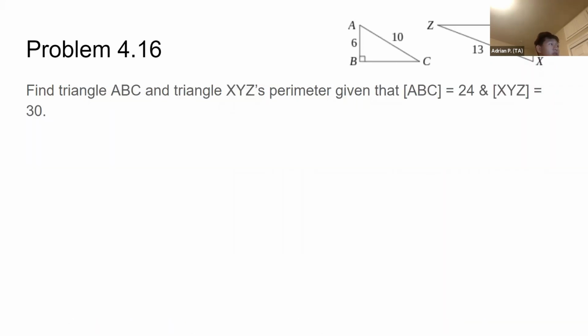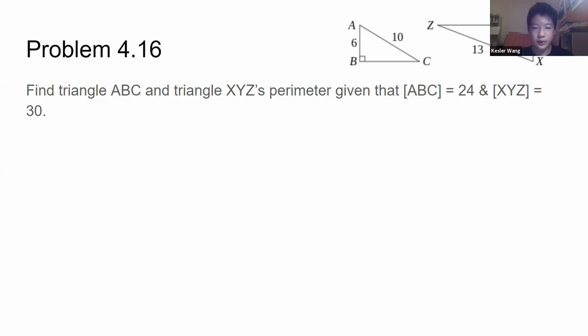All right. Find triangle ABC and triangle XYZ's perimeter, given that the area of triangle ABC is 24 and the area of XYZ is 30. Technically, you don't have to use the area, you can just use the Pythagorean theorem, or Pythagorean triples for this one.